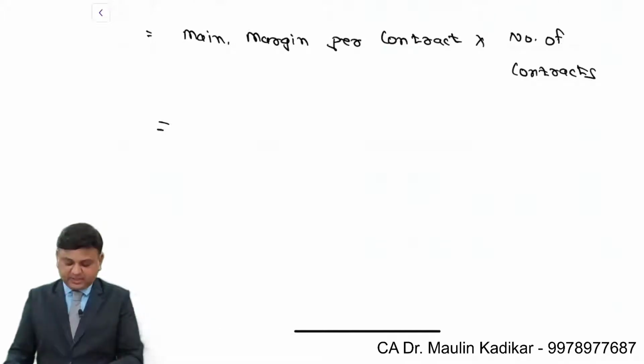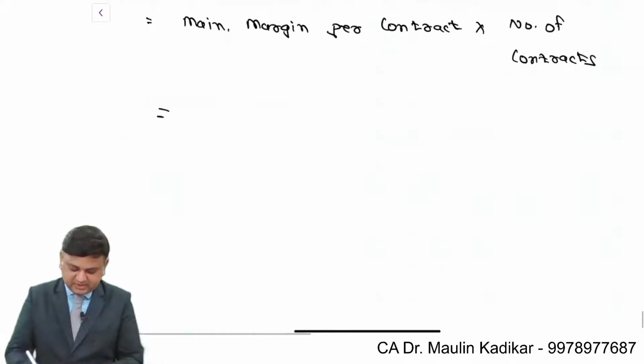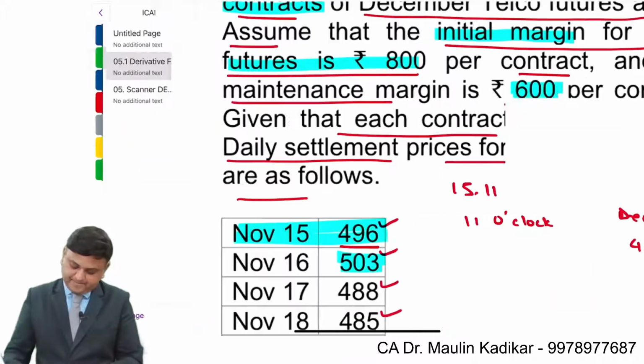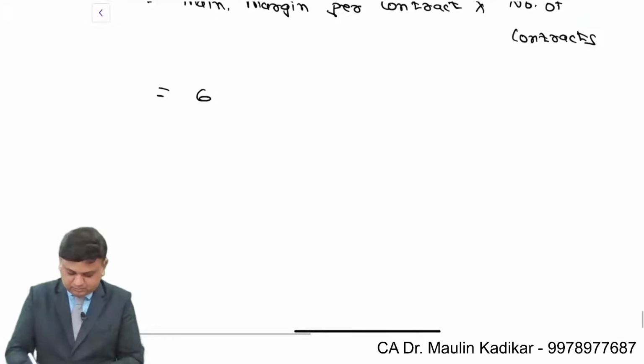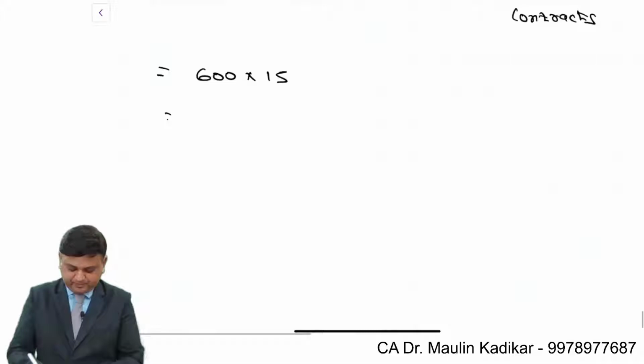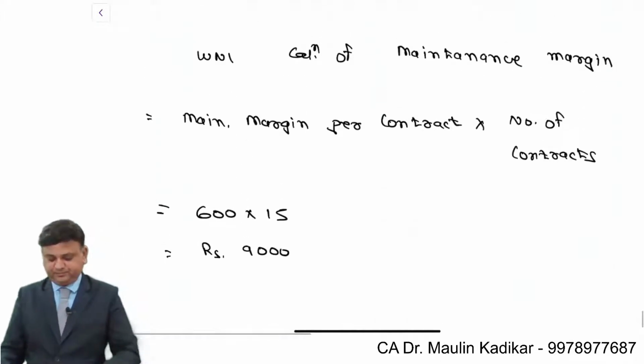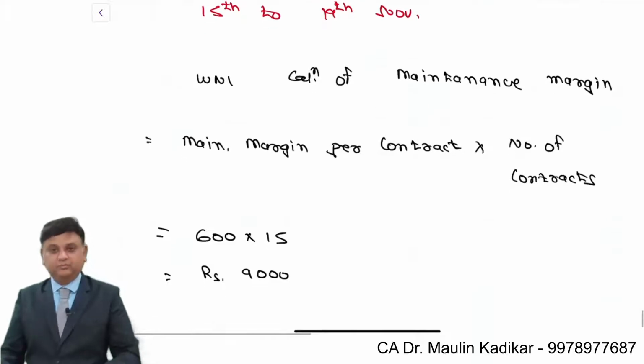Maintenance margin per contract is rupees 600, and number of contracts are 15. That comes to rupees 9,000. This is the first working note.